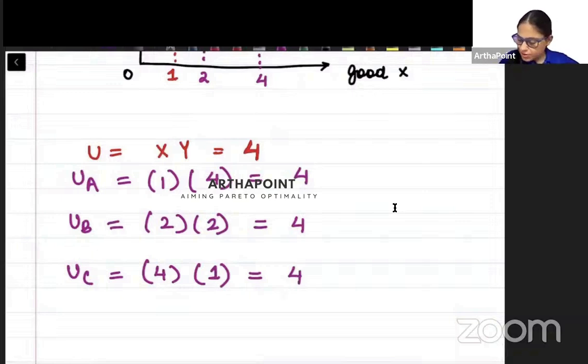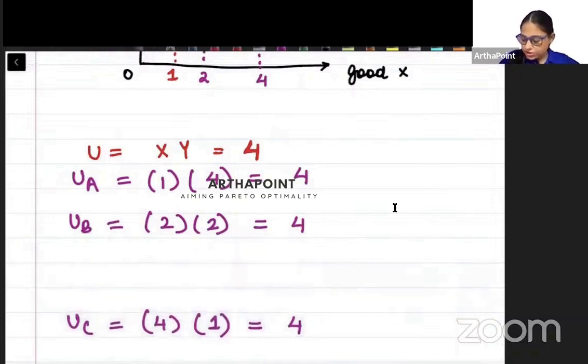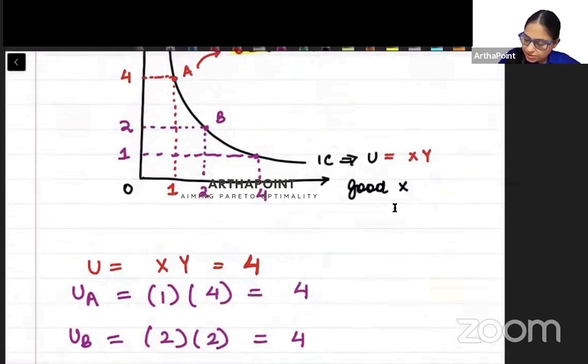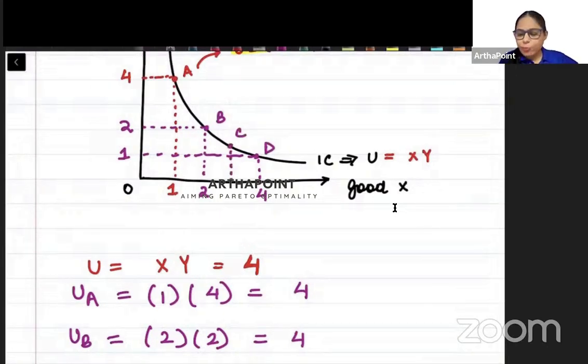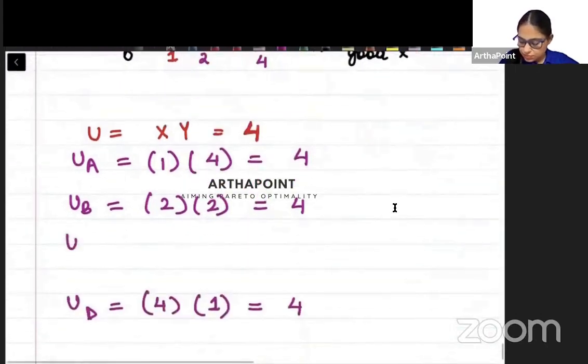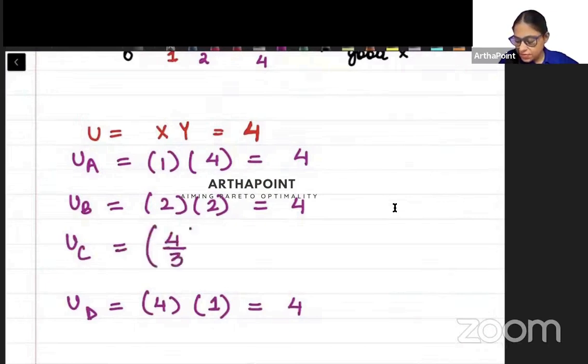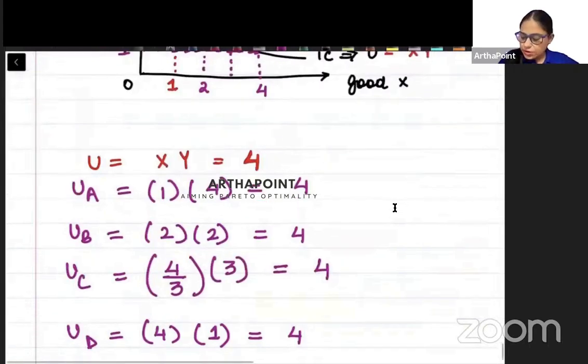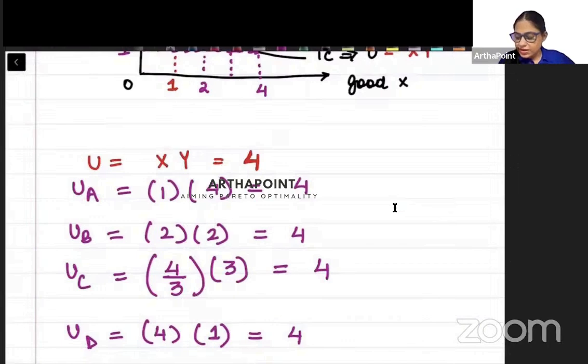सपोज मैं एक बीच में आई टेक वन मोर पॉइंट बेटा, आई विल मेक दिस एज पॉइंट डी. इसको डी बना देते हैं. यहां कहीं पे आई हैव पॉइंट सी बेटा. एट पॉइंट सी, x is basically 4 by 3 and y is 3, and utility is 4.